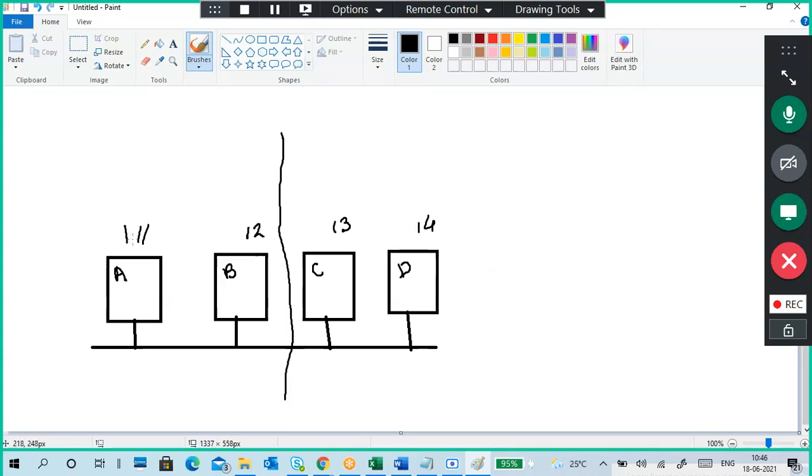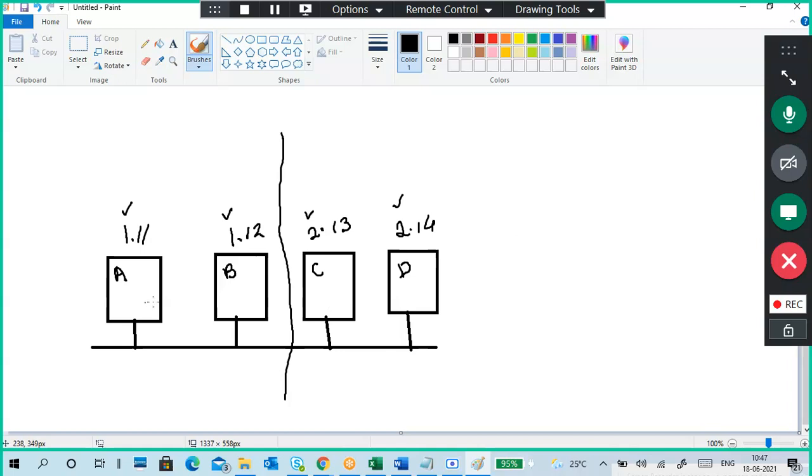But if you want to divide them, for example, the first one represents network. It means these all belong to the same network.